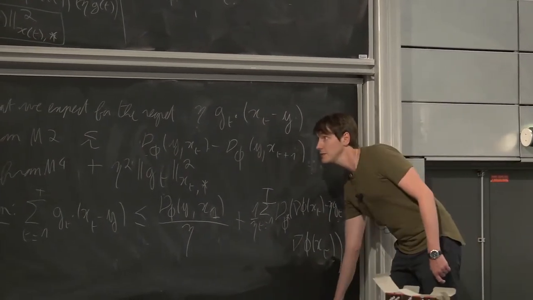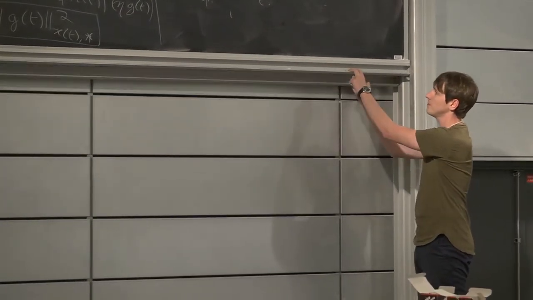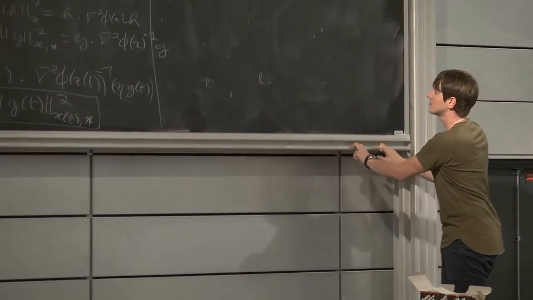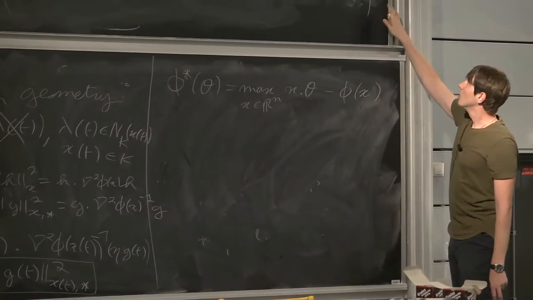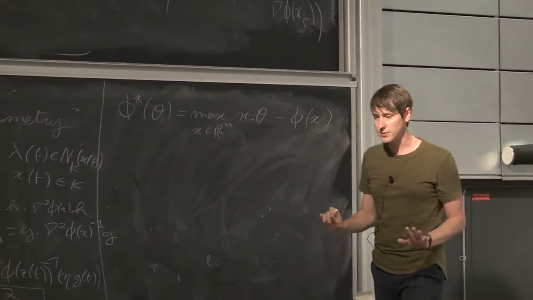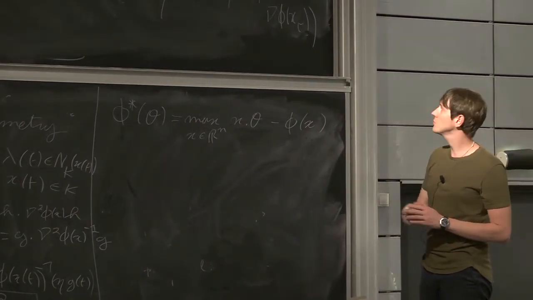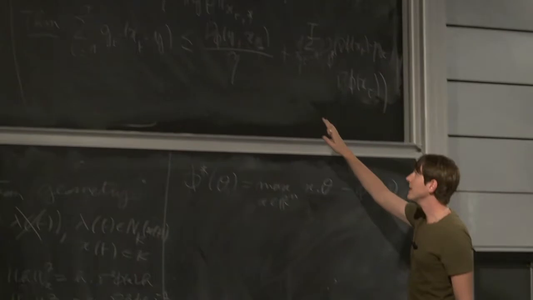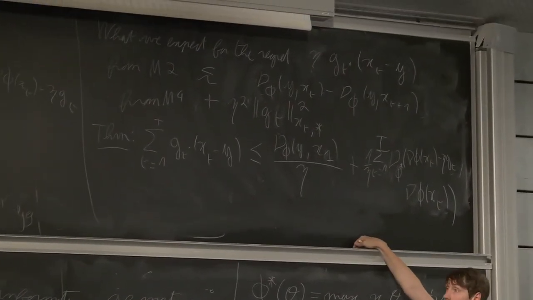But I claim that these two things are very similar. So let me go back to my duality. Okay, so first of all, is the statement of the theorem clear? Okay, so I get two terms. Again, think about the very first lecture when we analyzed gradient descent. There were two terms.